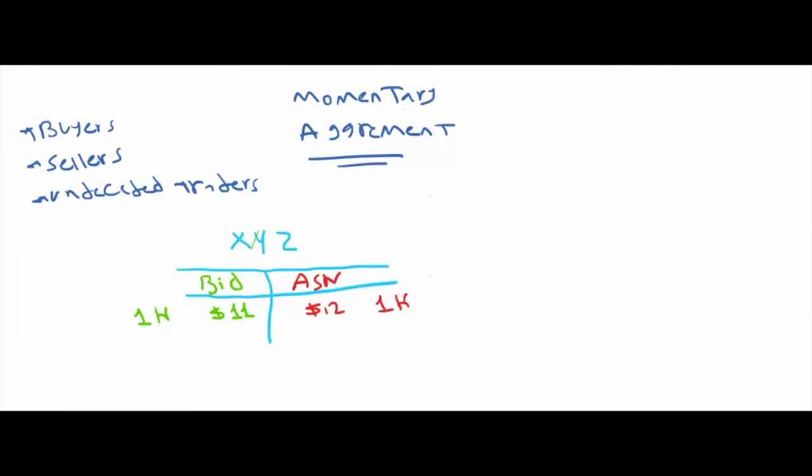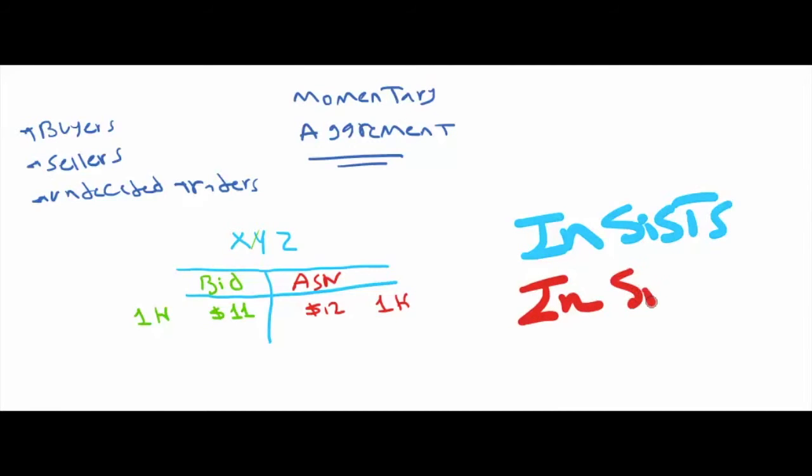If the buyer insists to buy at 11, and the seller insists to sell at 12, what will happen? Well, nothing will happen, and no trade will take place, means no price, right?